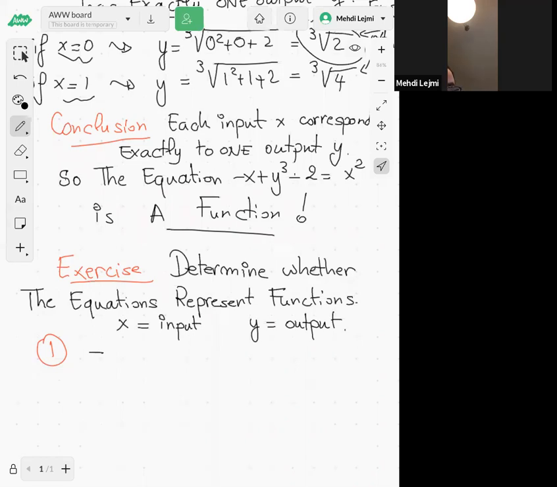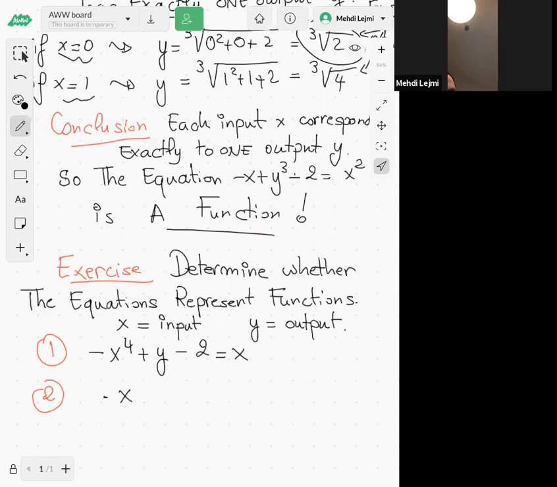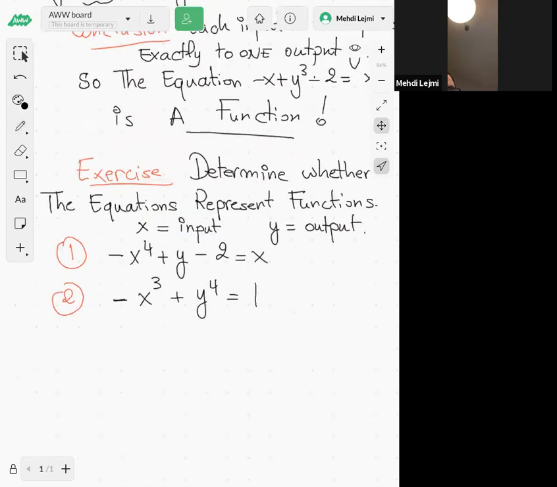So first equation, guys: minus x to the fourth plus y, let's say minus 2, equal to x. Number 2: minus x cubed plus y to the fourth equal to 1. Three: y to the power 7 minus x equal to 2.